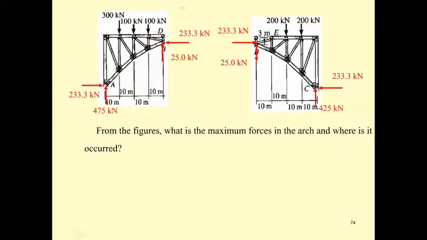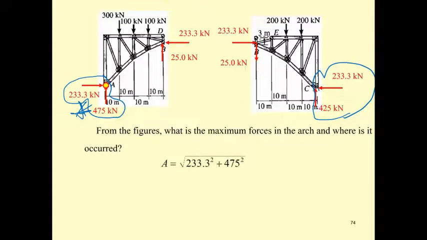Okay, and now we arrive at the reactions. We can see that for the reaction at point A and the reaction at point C, the resultant of the reaction at point A is going to produce the largest maximum force in the truss arch.